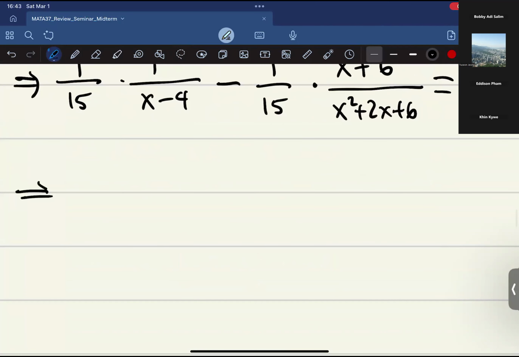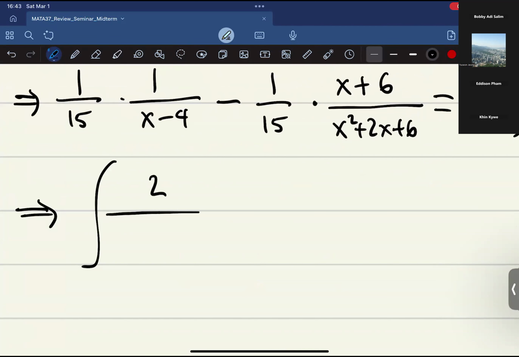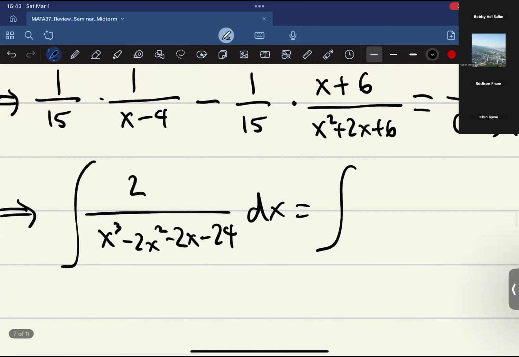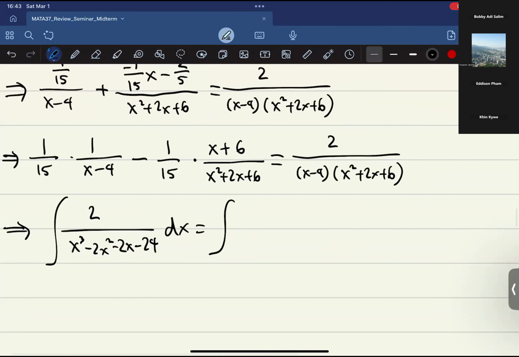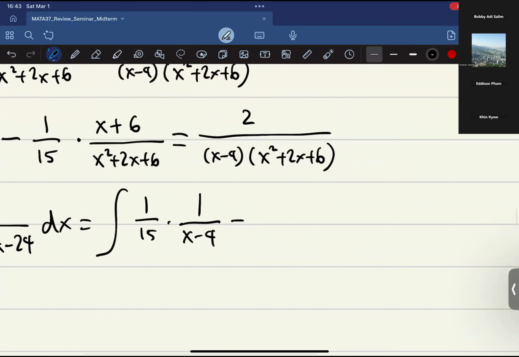And hence, the original integral is equal to the integral of 1/15 times 1/(x minus 4) minus 1/15 times (x plus 6) over (x squared plus 2x plus 6) dx.